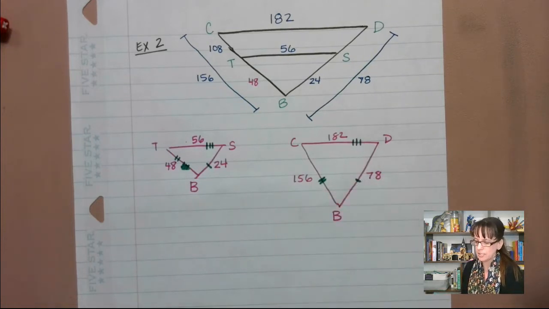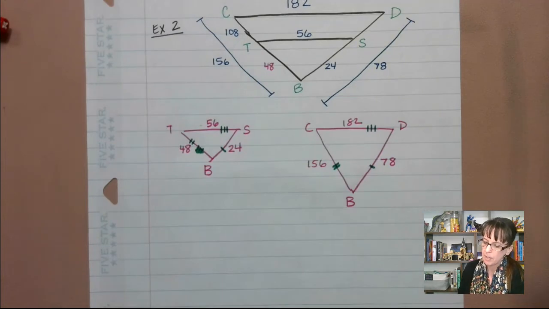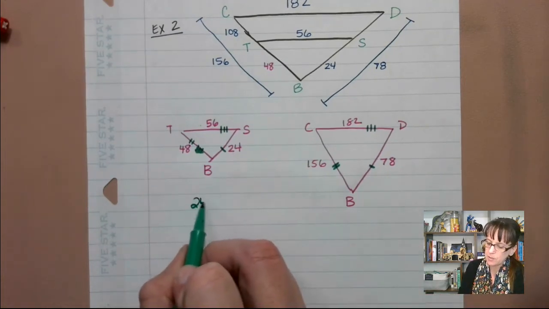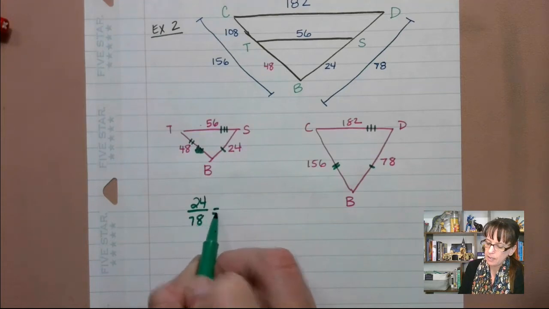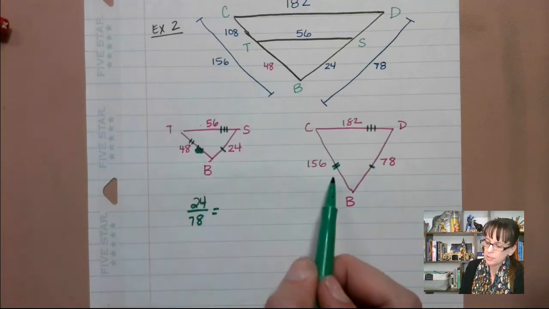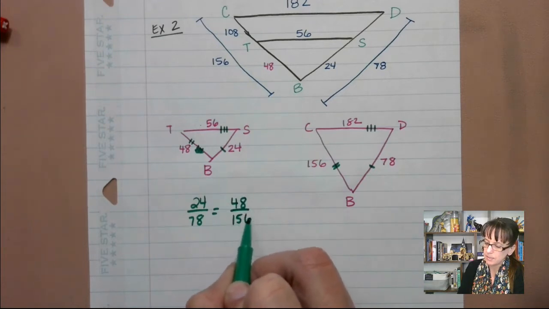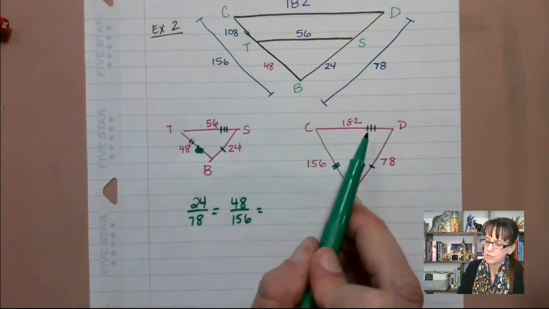Okay, let's compare them. We've got 24 is our 1 dash, so that compares to 78. So 24 to 78 equals 48 to 156, and then 56 to 182.